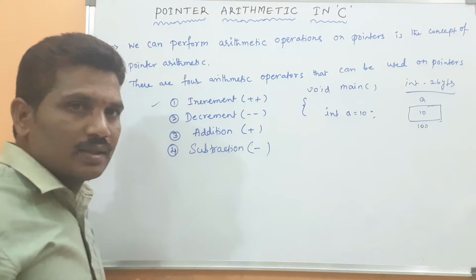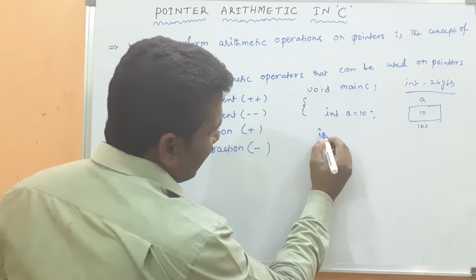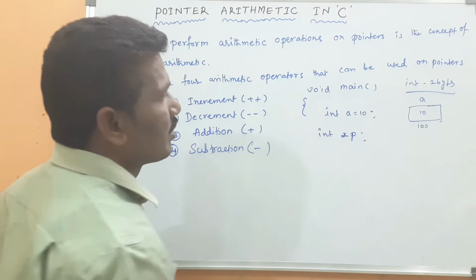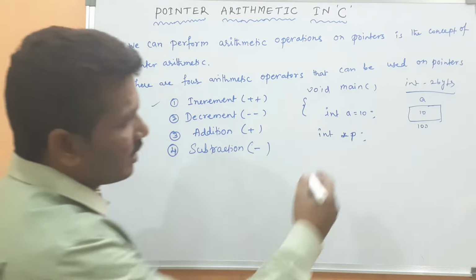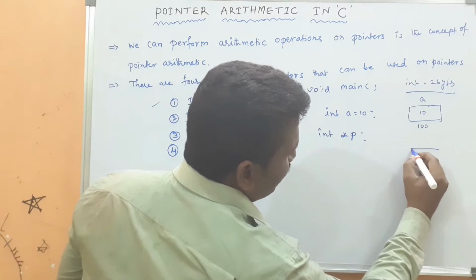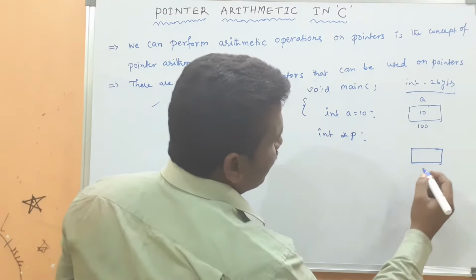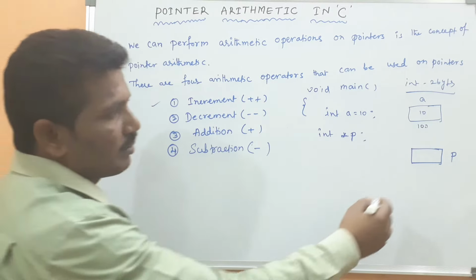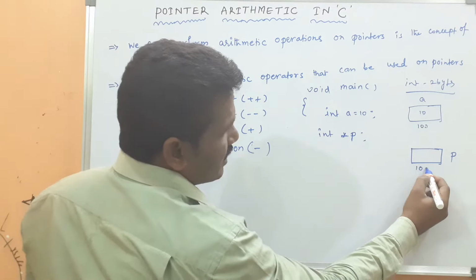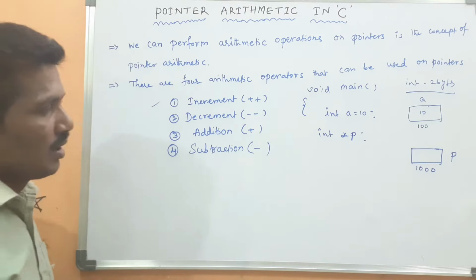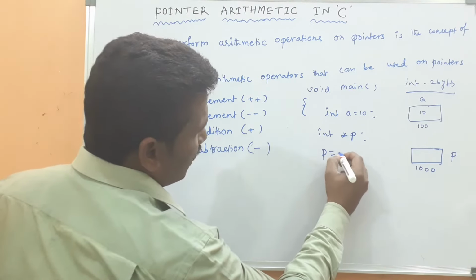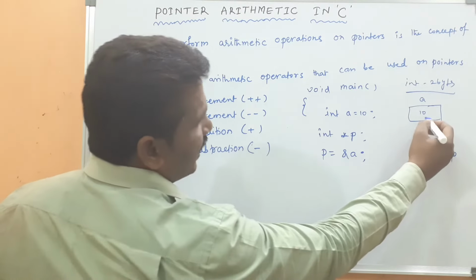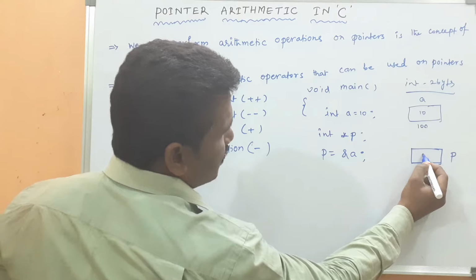After that, you declare the pointer variable. Suppose the pointer variable is p, and the address of its memory location is 1000. Whenever p equals address of a, what is the address of a? 100. 100 will be stored here.